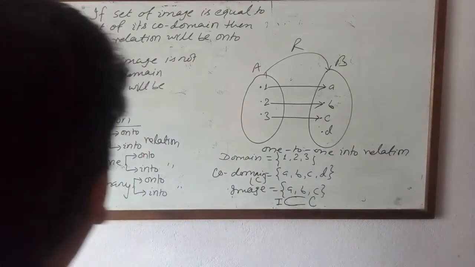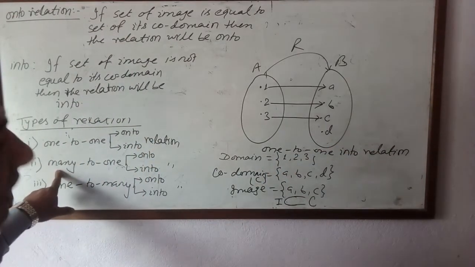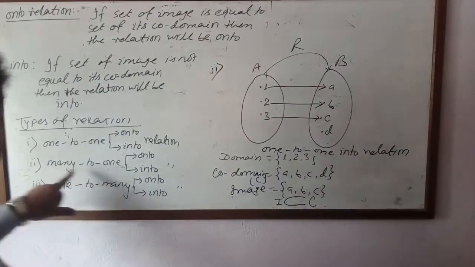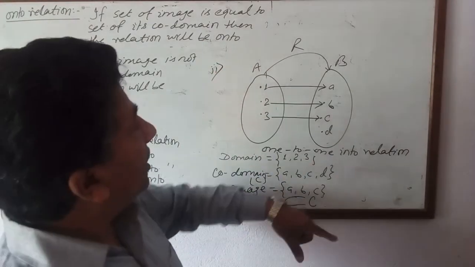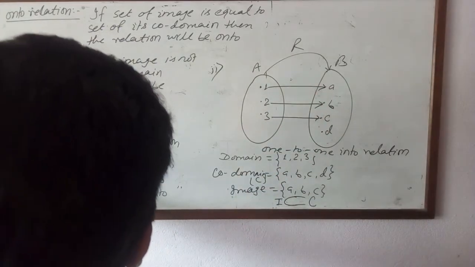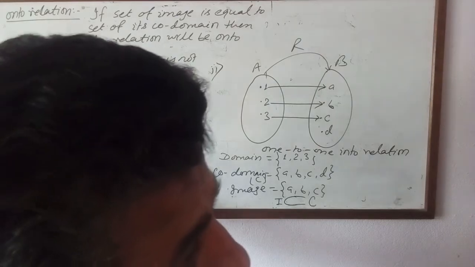Now similarly, the next example, number 2: many to one. In the previous case one domain has only one image, but here many domains have one image.